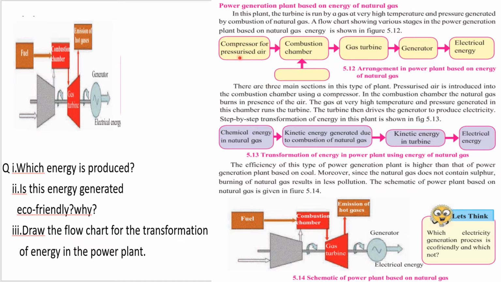Due to the compression of the pressurized air, there is a combustion chamber and the natural gas is combusted. Due to this, the gas turbine is rotated, and the generator is connected to the gas turbine, and the generator rotates and electricity is produced.